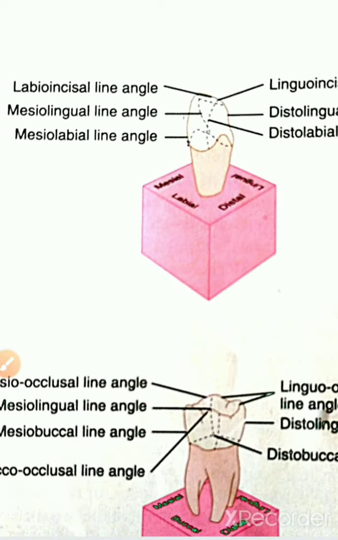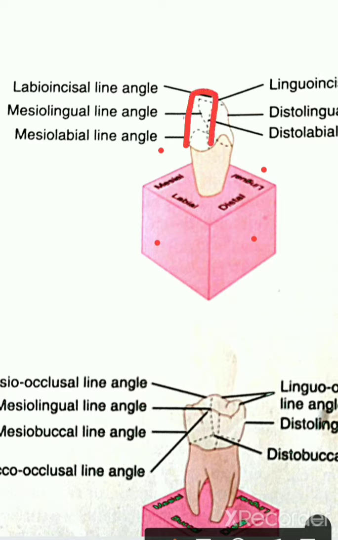Here we have the labial surface, lingual surface, mesial surface and distal surface. In the labial surface, this is the labial surface and this is the incisal surface.